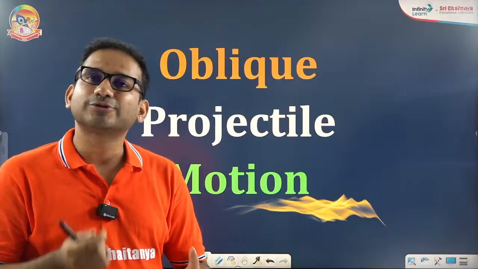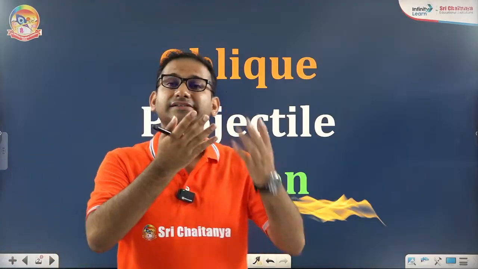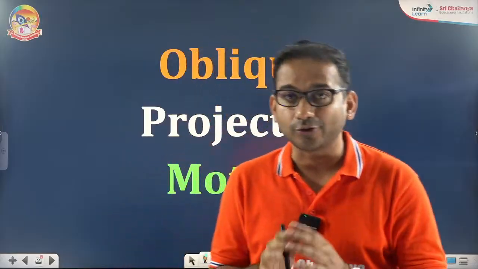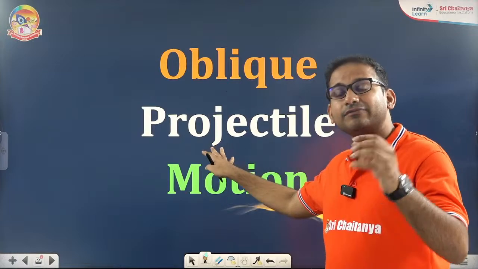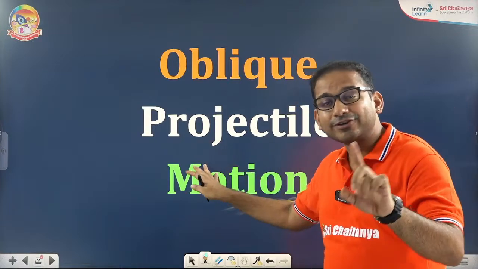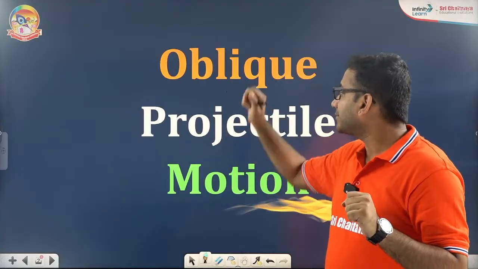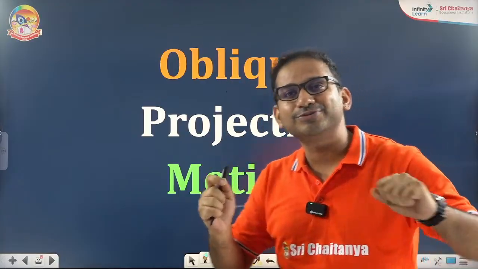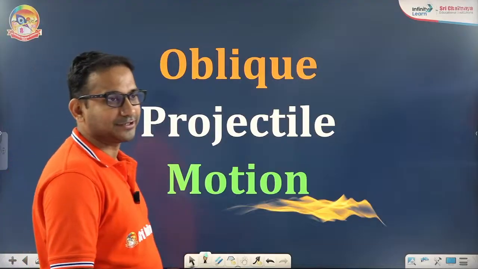Very soon, we will also introduce air friction and compare the ascent and descent parts of the journey. A projectile is an object which has been thrown; it is not released, it is not dropped, it is thrown with a certain velocity. Oblique projectile means the object has been thrown making some angle with the horizontal, and its motion we are going to study today.